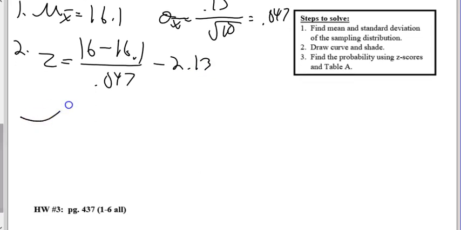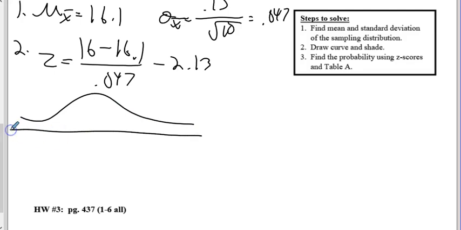So now we just draw our beautiful little standard normal curve. We put 0, we put -1, we put -2, we do put -3 because, you know, negative 2.13, label it. Boom. Which way are we going, left or right? Left, because it says less than, doesn't it?